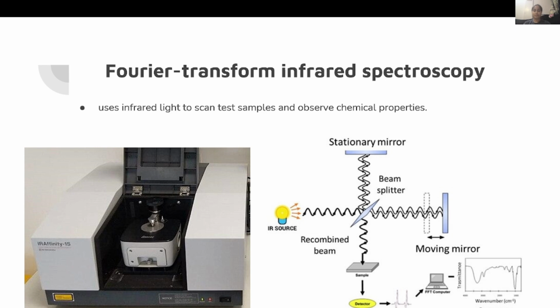Next, the beam is modified to contain a different combination of frequencies, giving a second data point. This process is rapidly repeated many times over a short period of time, and afterwards, a computer takes all this data and works backward to infer what the absorption is at each wavelength.